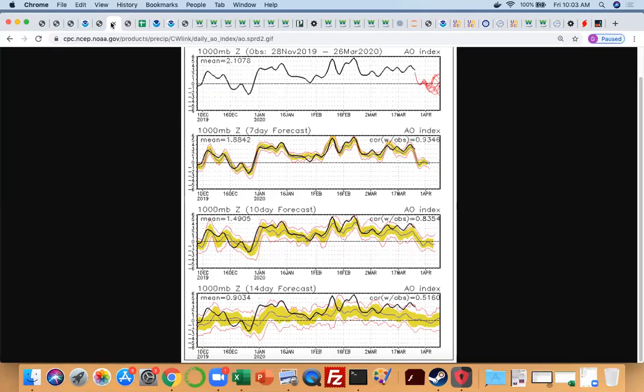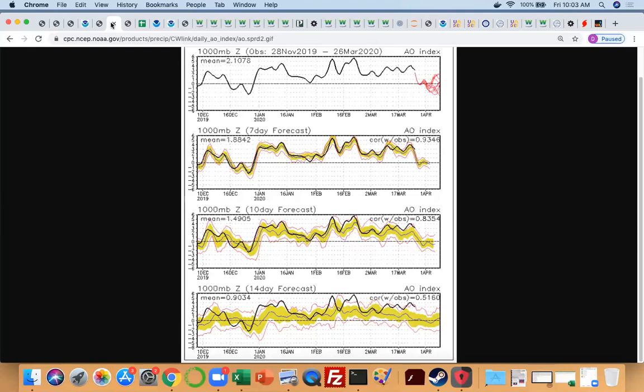So pretty strongly negative forecast there. But like I said, it's also been verifying pretty positive. Heck, the correlation is less than 0.5, which I think is really bad for a correlation.